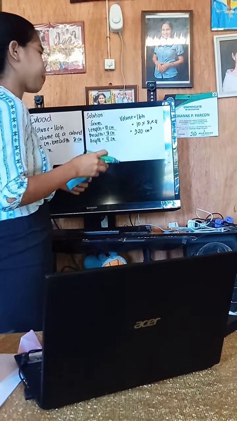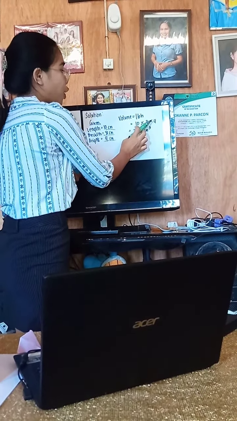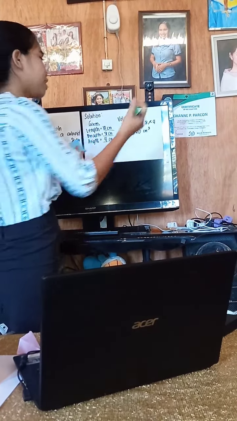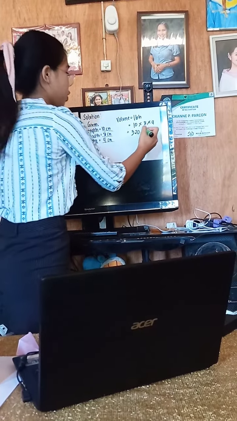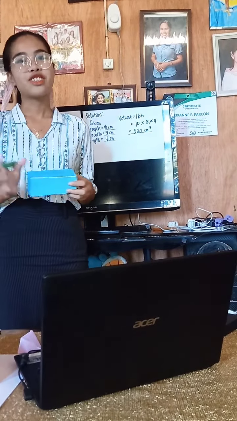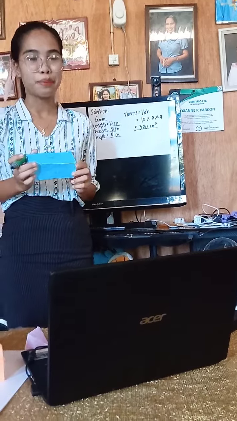So 10 times 8 times 4. So simple. You just need to multiply it, and then the answer would be 320 cubic centimeter. So that's simple. For better understanding, I will give you another example.